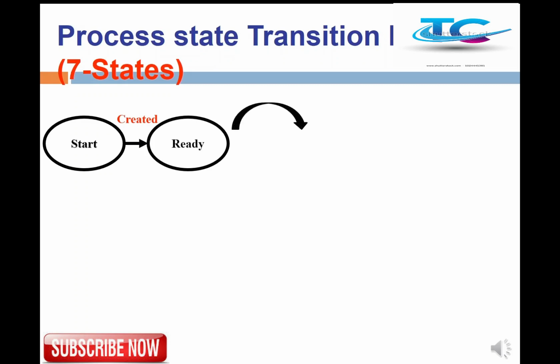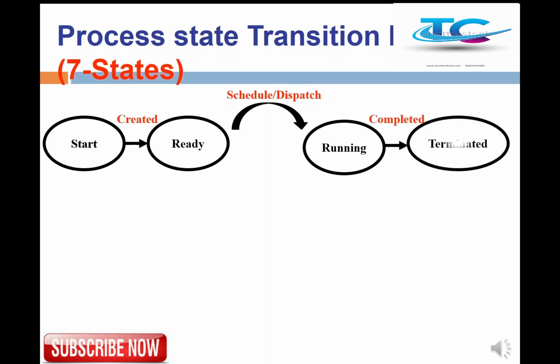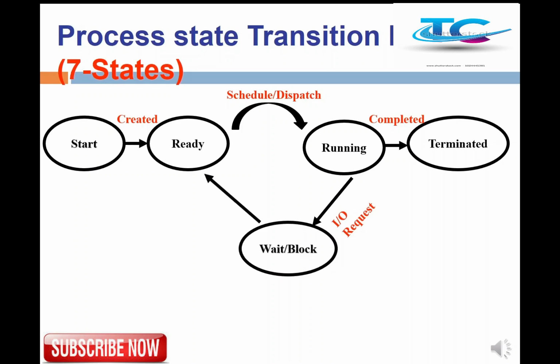With the help of the short term scheduler, it will go to the running state. After completion of the execution, it will go to the terminated state. If any IO resource is required, it will go to the waiting state. When the IO resource requirement finishes, it will go to the ready state. If any interrupt arises, it will go from running to the ready state.